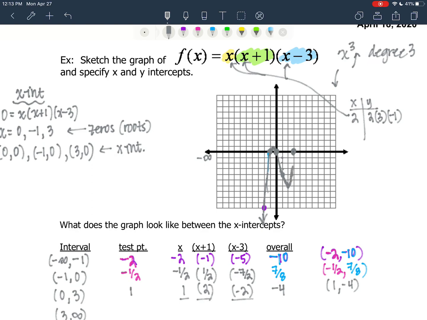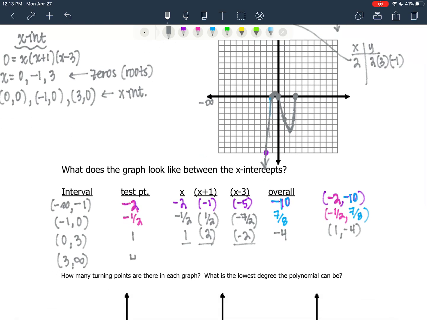And we know it's going to turn back up because it's got to go through this x-intercept. Now my last point, I'm going to pick a 4. So I need to pick something in between 3 and infinity. That means x is 4, x plus 1 is going to be a 5, x minus 3 is going to be a 1, and I get a 20 out.